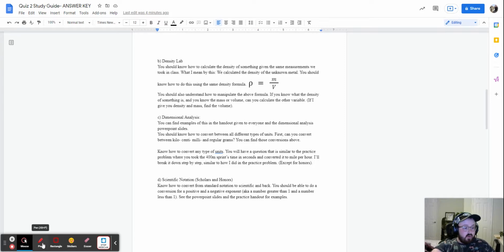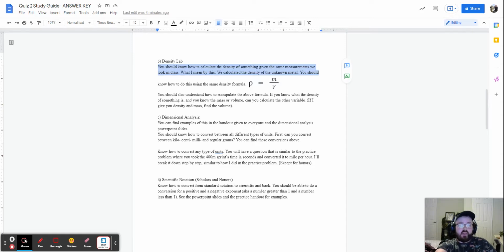What I want us to know is how to calculate the density of someone given the same measurements that we took in class, right? If you remember in class, we took measurements of the metal and of water, trying to figure out that density. With the metal, we took the length, the width, and the height. You can use that information to calculate the volume, and then you also took the mass.